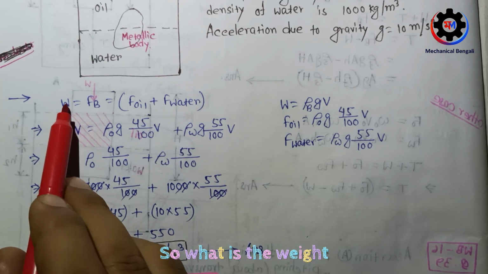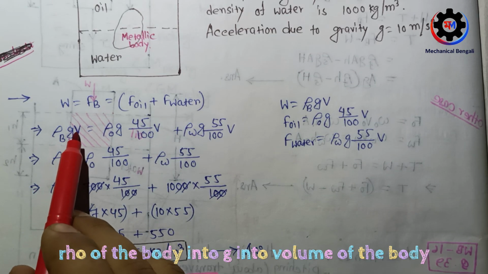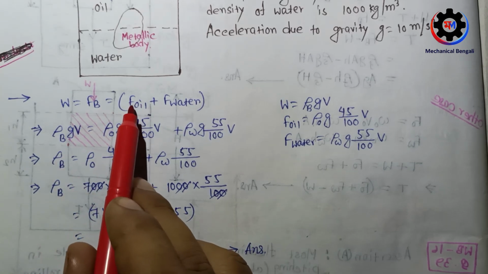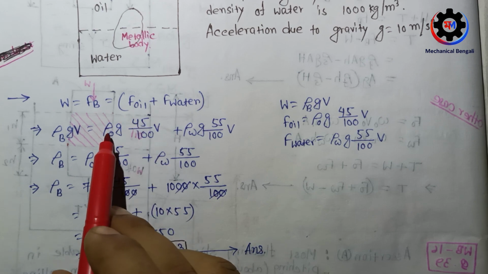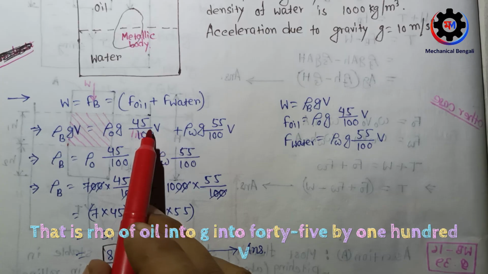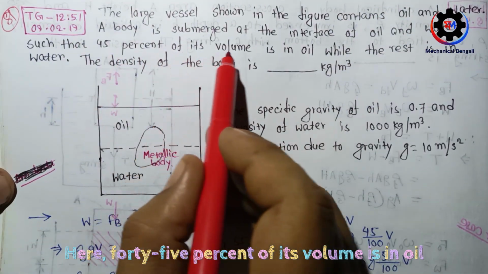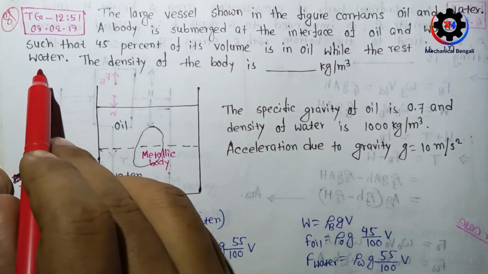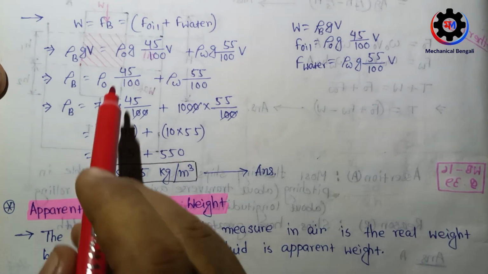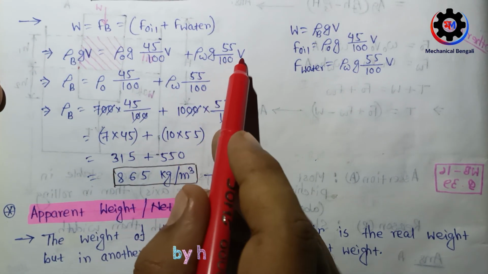Weight of the body is equal to rho of the body into g into volume of the body, which is equal to the buoyancy force for oil, that is rho of oil into g into 45 by 100 V, which is given in this question. 45% of its volume is in oil and the rest is in water. So 55% is in water. That's why rho of oil into 45 by 100 plus rho of water into 55 by 100 into V.